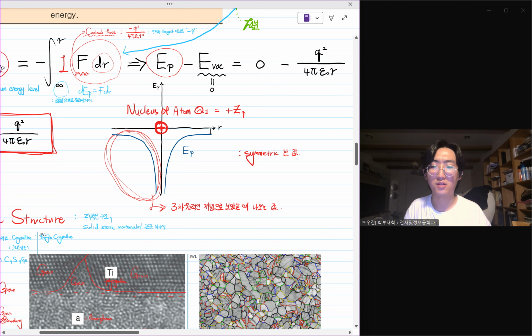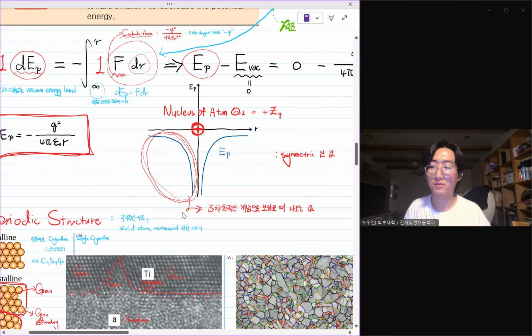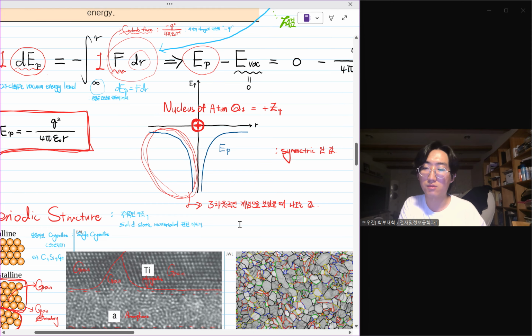As you can see, this came out from this equation, but this did not. But in real life there is a symmetry, so we can get this value as we can get this value.